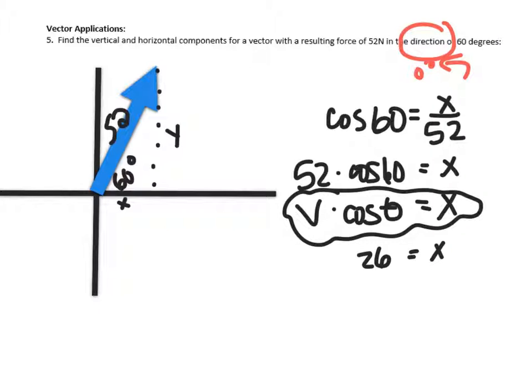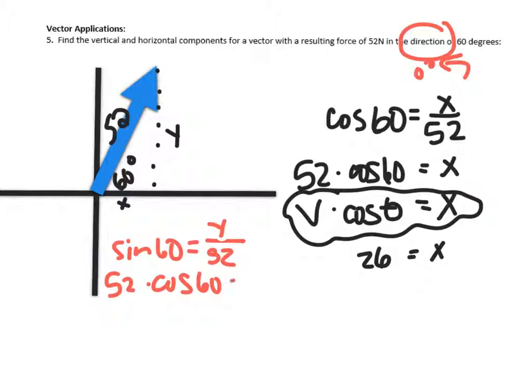Then if we do the y, this is your opposite over your hypotenuse. That will give me sine of 60 equals my opposite over my hypotenuse, which gives me 52 times, not cosine, sine.